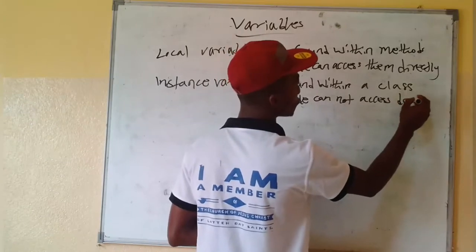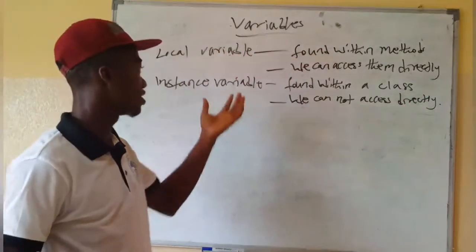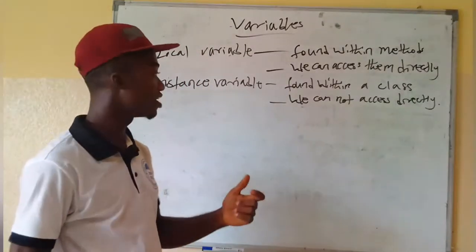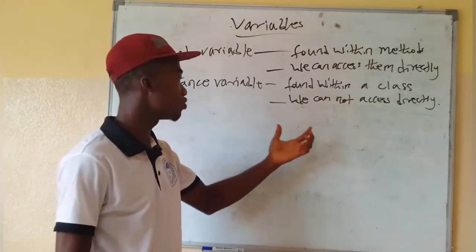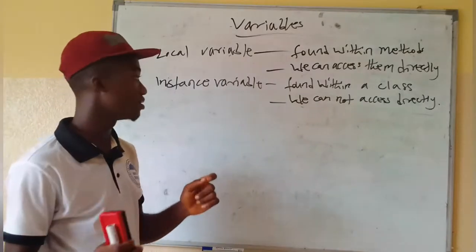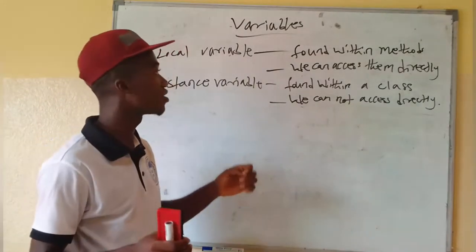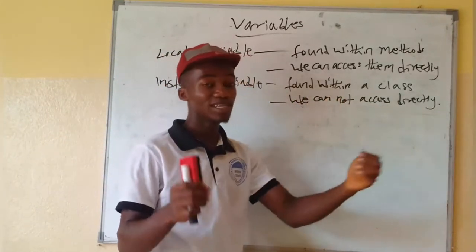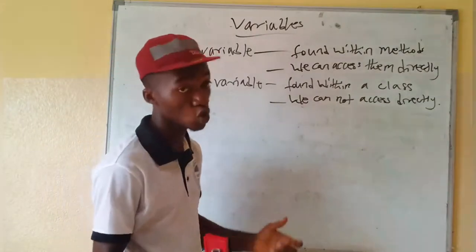If you want to have access to instance variables, you must use the new keyword. You create a new object and then you use it to have access to the variable. I will show you an example of how you can have access as you follow the program. Since you cannot access them directly, there is a way to access them when we execute our program on the console.